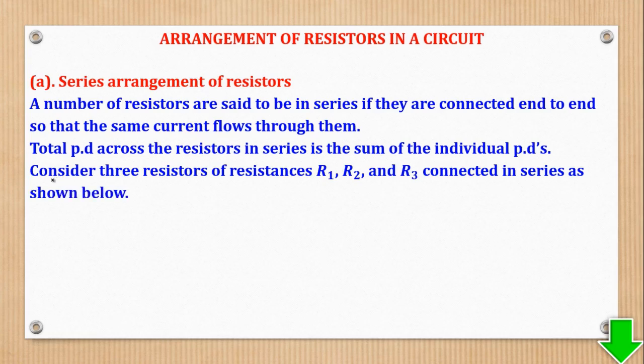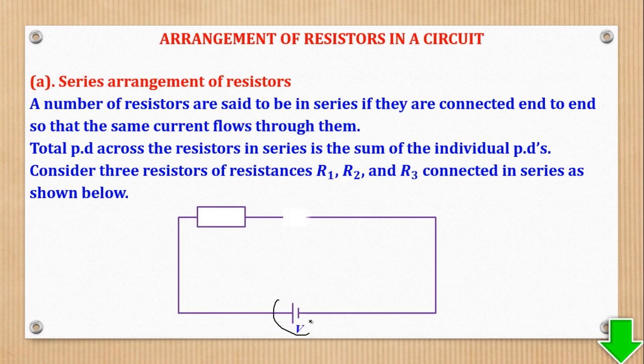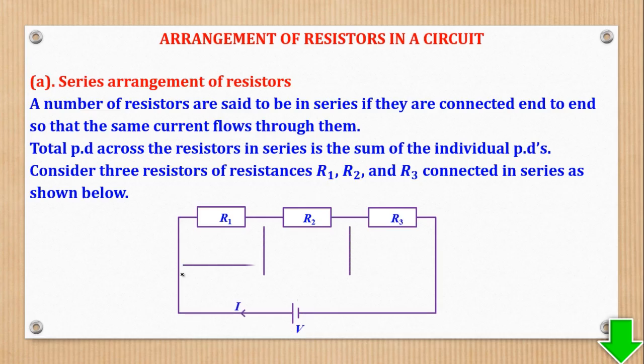To derive the expression, we shall first consider three resistors, R1, R2, and R3 connected in series as shown below. So we have to draw a circuit diagram. This would be the battery or source of PD, and these are the resistors, R1, R2, and R3. The direction of current matters. In this dry cell, the longer one is positive, and the shorter one is negative in polarity.